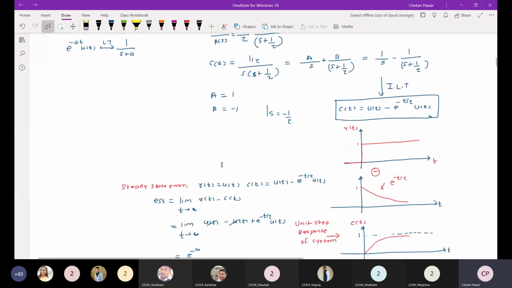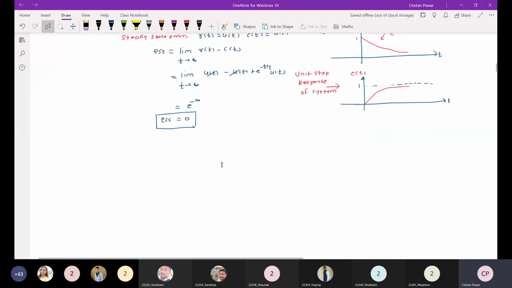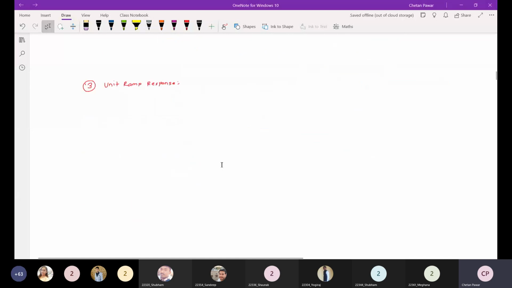Let us apply the next standard input signal, that is the unit ramp signal. Similar procedure. How to find the response? You have the transfer function of your system. The transfer function of the system is the Laplace transform of the impulse response of the system.